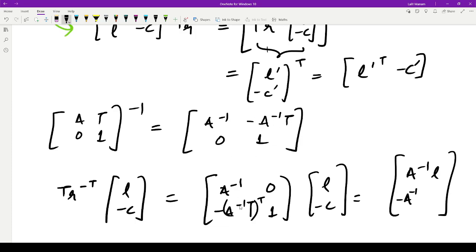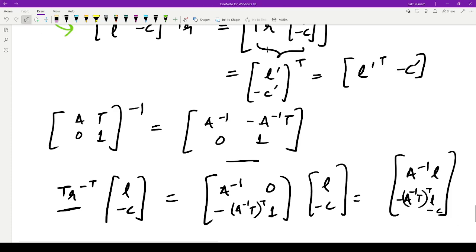Sorry, yes, this is transpose. So if I keep it here, it will be A inverse t transpose. I'll write it properly. So I'm just taking transpose of this inverse, right? So what does it give you? A inverse transpose whole transpose, times L minus C. So the second element is A inverse transpose whole transpose L minus C.